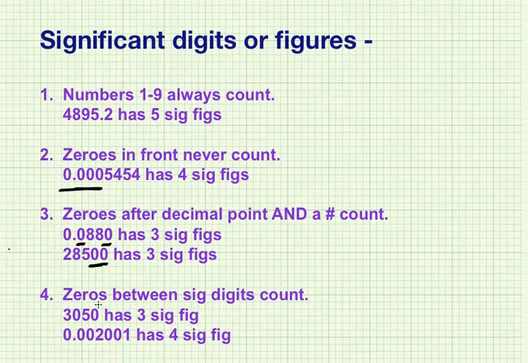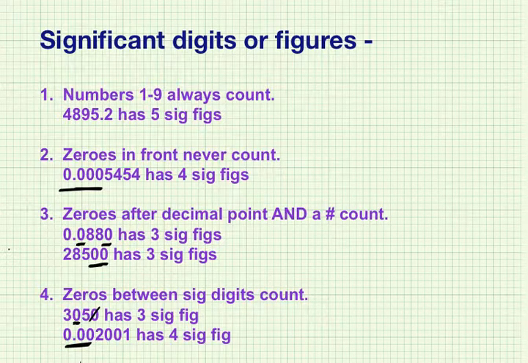And then last but not least, anytime you have a 0 between 2 non-zeros or between 2 digits, they count. So this one counts because it's in between 2 non-zeros, but this one doesn't count because it's to the right of a non-zero, but still to the left of a decimal. Now these, what do we call these right here when it's just telling us it's a small number?